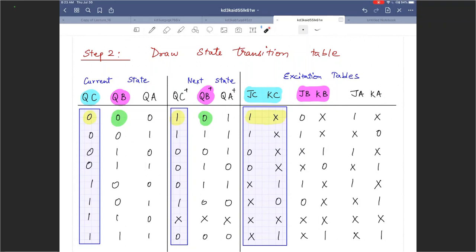Now, my next step is going to be to figure out the 6 equations for JC, KC, JB, KB, JA, KA, in terms of QC, QB, QA. Those are the 3 outputs of the 3 flip-flops. So let's try to do that.